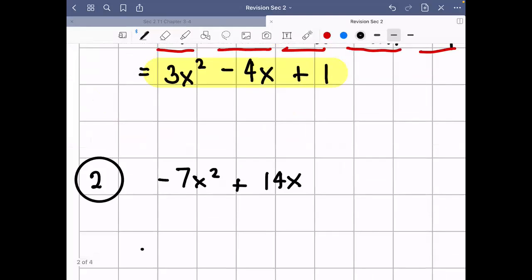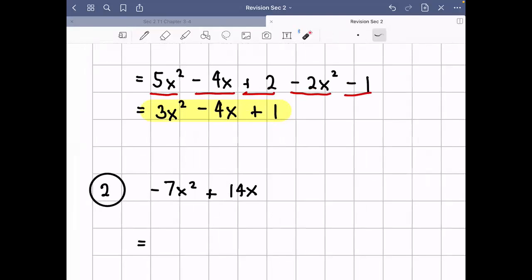Okay, observe the question, class. Both of the terms have 7 and 14, which both are divisible by 7, right? And both of the terms also have x.